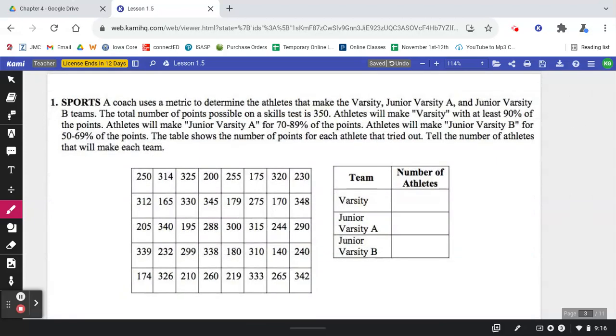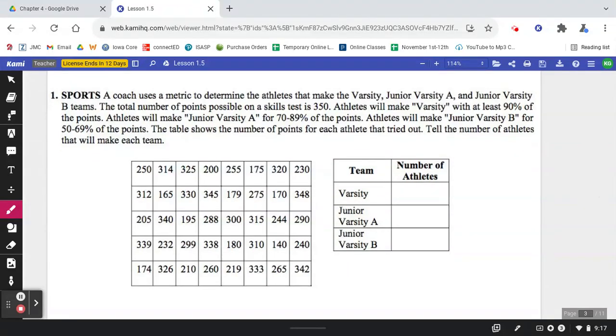Question 1. A coach uses a metric to determine the athletes that make varsity, junior varsity A, and junior varsity B. The total number of points on a skills test is 350. Athletes will make varsity with at least 90% of the points. Athletes will make JVA for 70 to 89% of the points.